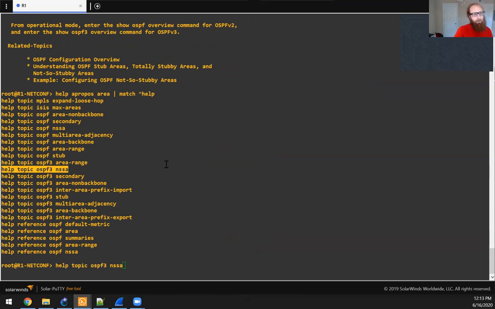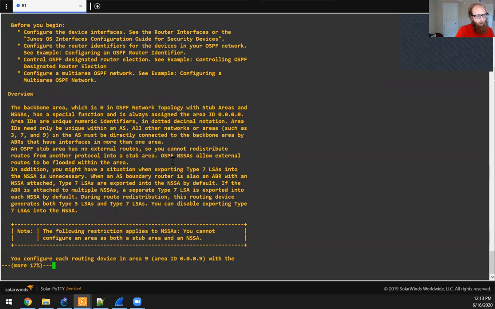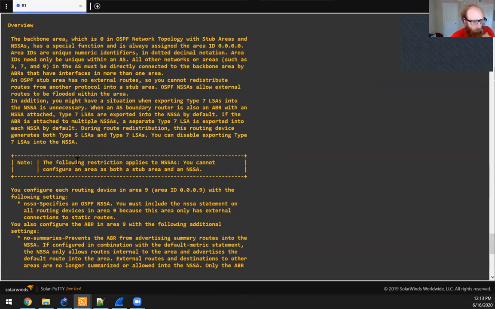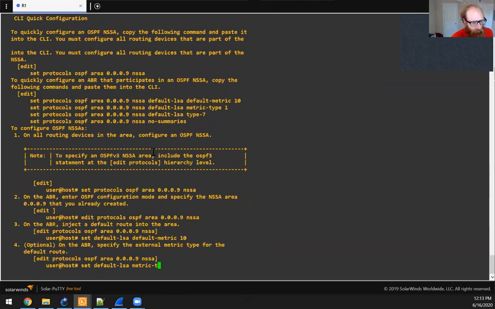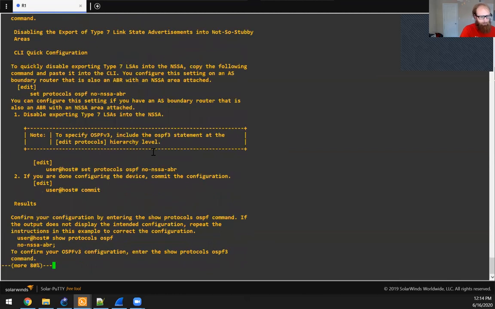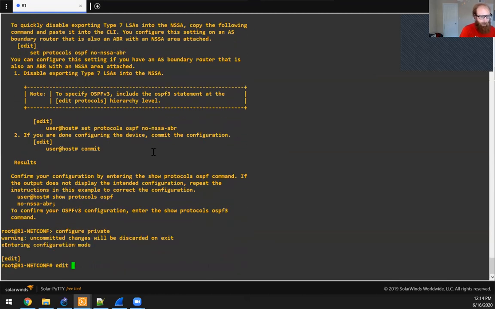I mean, one really easy thing I can do to figure it out is just do, here we go. So here's, no, well, this is just for not so stubby areas. But we can figure it out just by going configure private, edit protocols, OSPF.